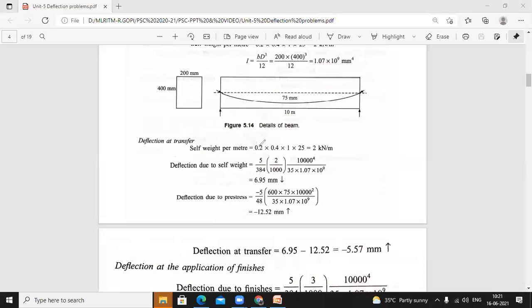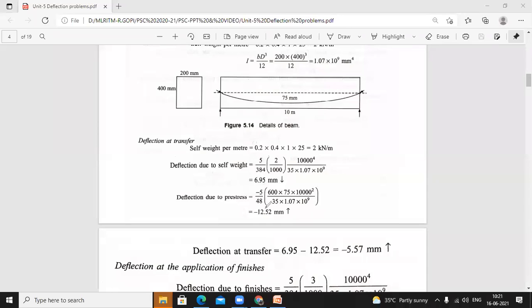Next, deflection due to prestress. The formula depends upon the shape of the cable profile. Here it is a parabolic cable. Therefore, minus 5 by 48 into 600 into 75 into 10,000 square divided by 35 into 1.07, that means minus 5 by 48 PEL square divided by EI. We saw the same formula in the previous problem also.